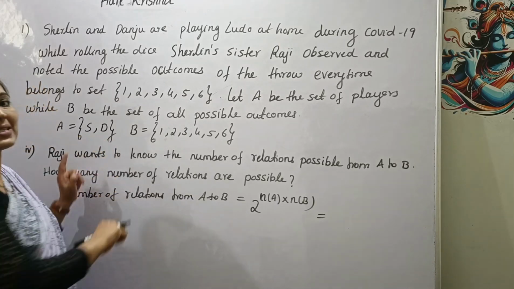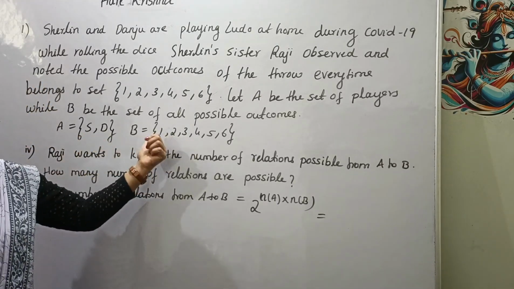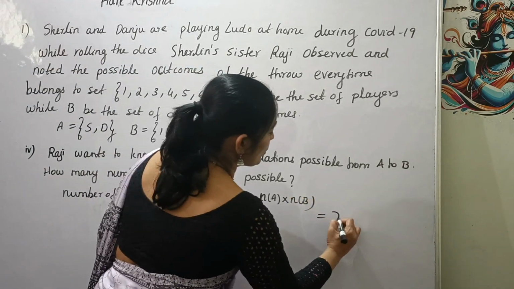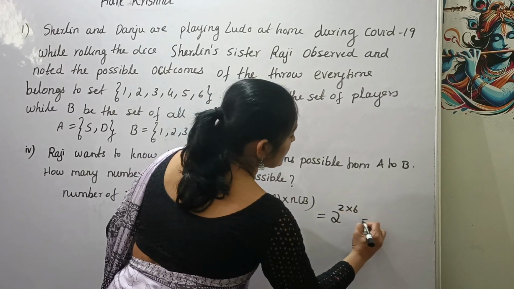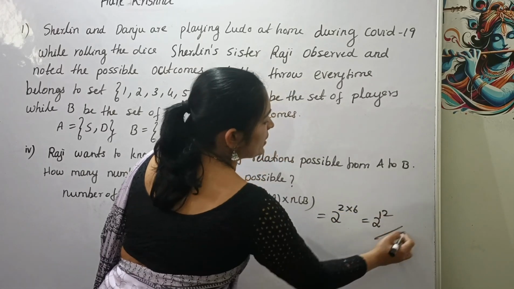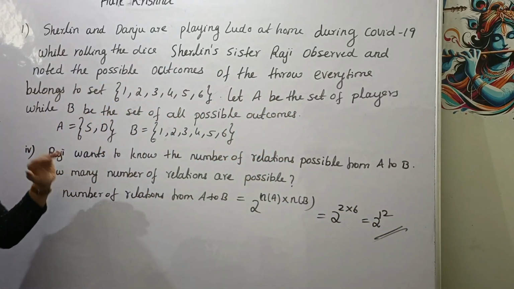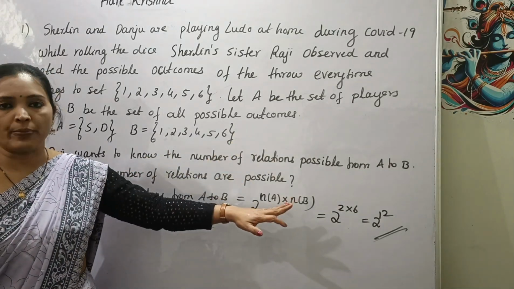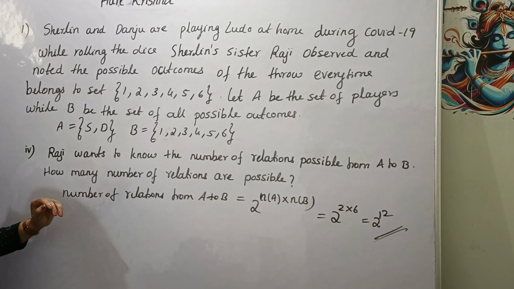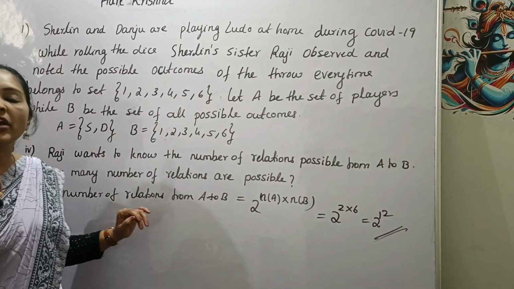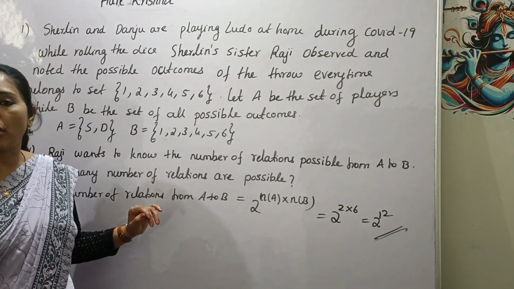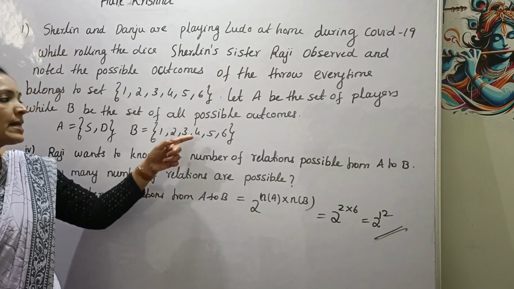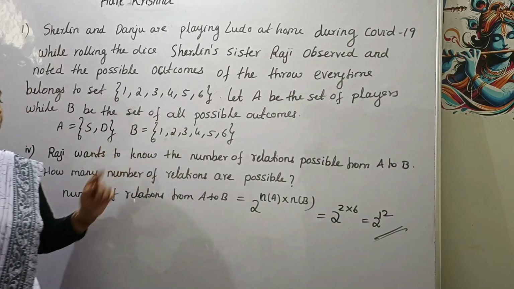There are 2 elements in the set A. There are 6 elements in the set B, right? Therefore, 2 raised to 2 times 6, that is 2 raised to 12. So here, the number of relations from A to B is 2 raised to 12. The number of functions from A to B is the number of elements of B raised to the number of elements of A, that is 6 raised to 2.